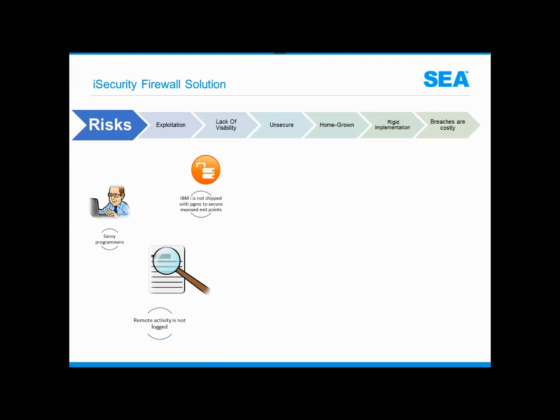Since the IBM i is not shipped with programs to secure those exposed exit points, a lot of organizations look for other ways to secure them. One of the ways they choose is a homegrown application, but this leads to another issue, where auditors are very distrustful of a customized homegrown solution.